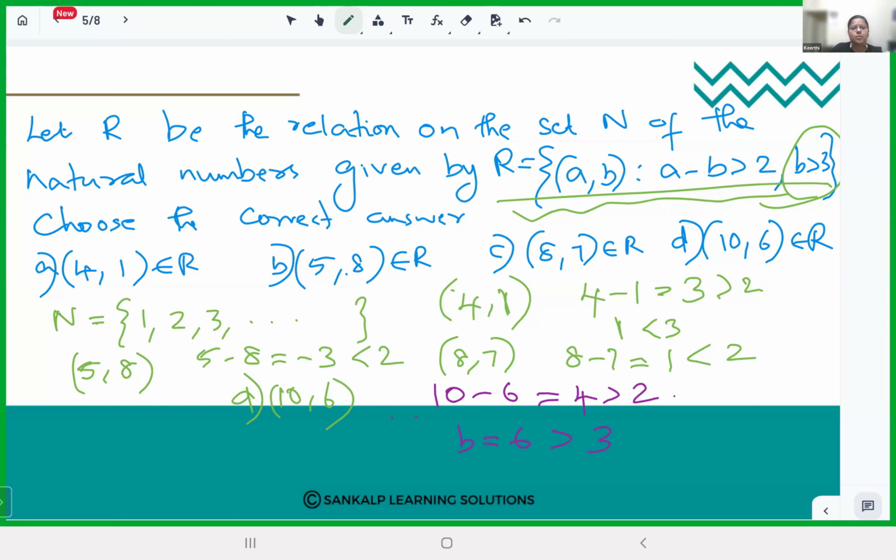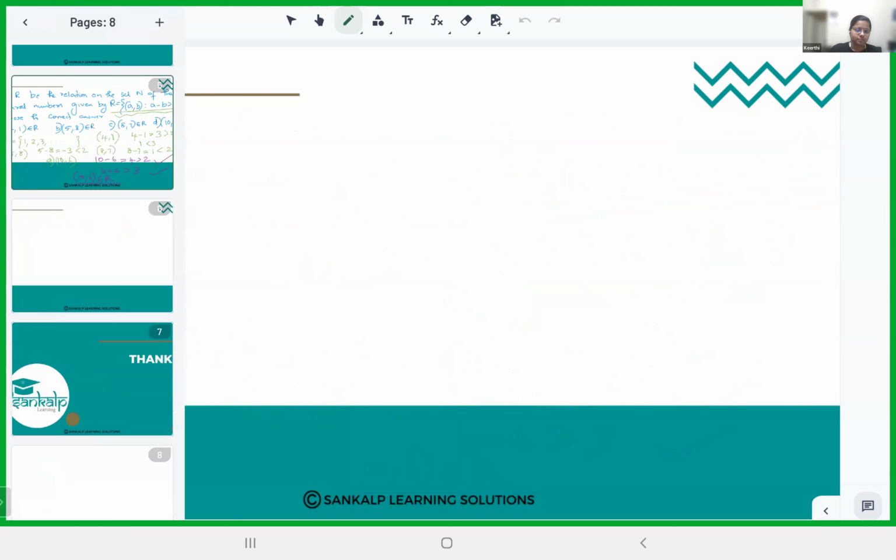So both conditions given in the relation are satisfied by the ordered pair (10, 6). Therefore, the ordered pair (10, 6) belongs to the relation. Alright, so this was our first question. Now moving on to the second question.